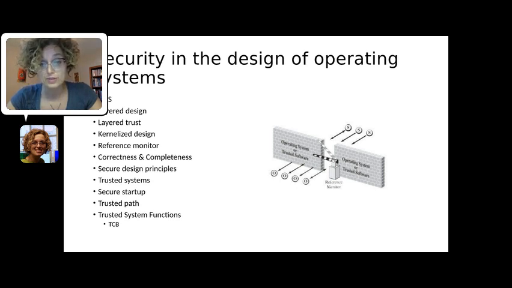Another secure principle in the design of an operating system is the reference monitor, which we discussed also when we were discussing access controls. And the reference monitor is part of the security kernel, and it controls the access of different objects. Now, again, part of the security principles, which I mentioned before also in the kernelized design, is correctness and completeness.